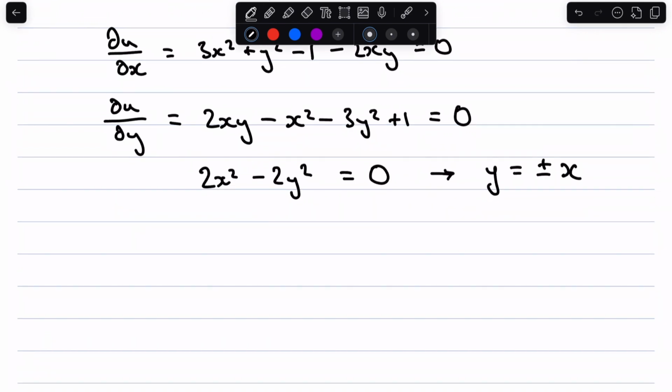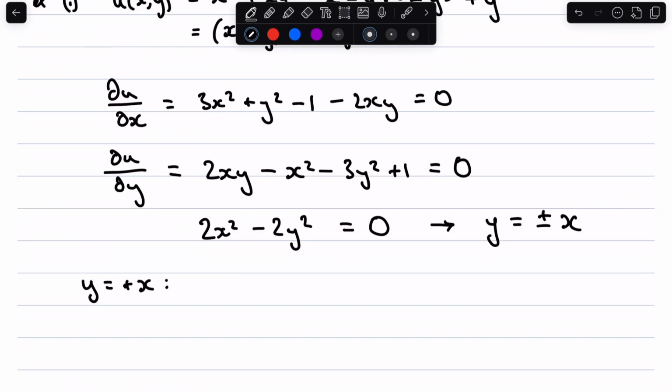So in the case that y is equal to plus x, if we sub that into either of these expressions, we'll get that 2x squared minus 1 equals 0, or 2x squared equals 1. Therefore, x is equal to plus or minus 1 over root 2, and therefore y is also plus or minus 1 over root 2, but it has to be the same value for this case.